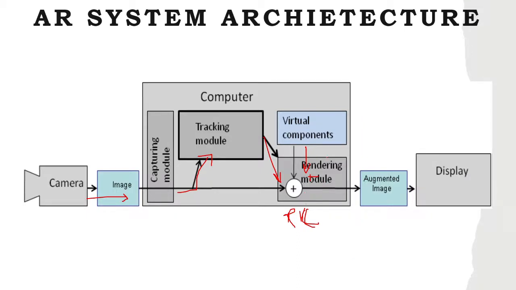The virtual component and real world component are attached. The virtual component is attached to the real world, and then the output, the augmented image, is generated. After that it is displayed on your system's display. That's how it is working.